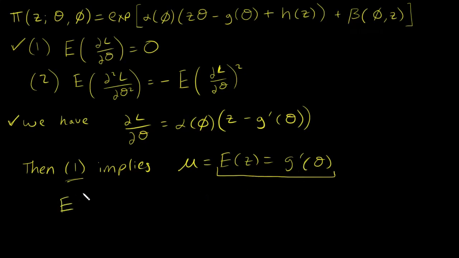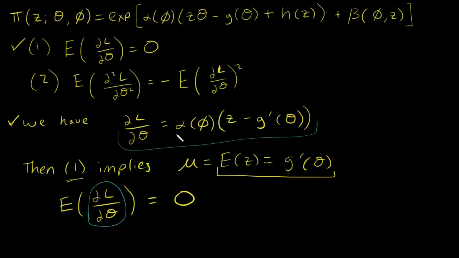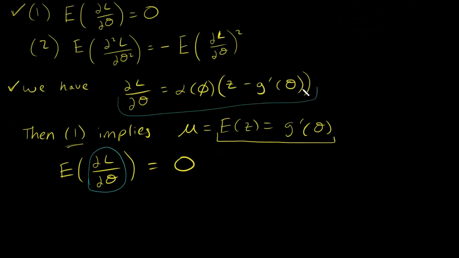It says that the expected value of the partial derivative of the log likelihood with respect to theta equals 0. And then we showed in the previous video this piece right here equals what I see right here, alpha of phi times z minus the first derivative of g with respect to theta. So let's go ahead and write that in.